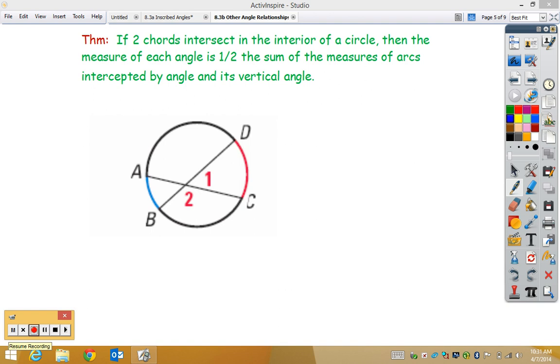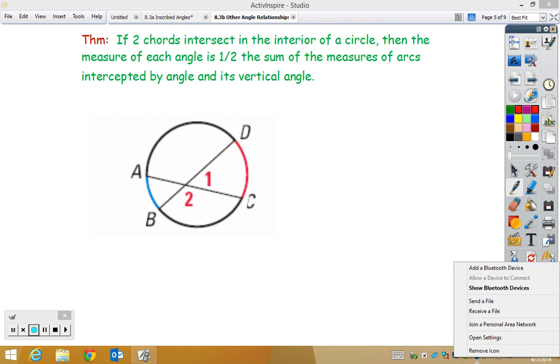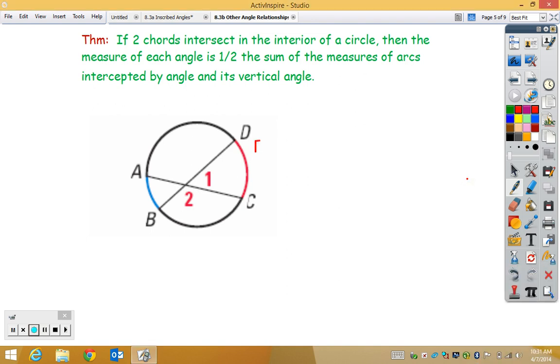So if we take a look at our picture down here, we have angle 1 and angle 2, and the measure of angle 1 is equal to 1/2 the sum of the measure of arc DC, and then its vertical angle is this one right here, and that's created by arc AB.